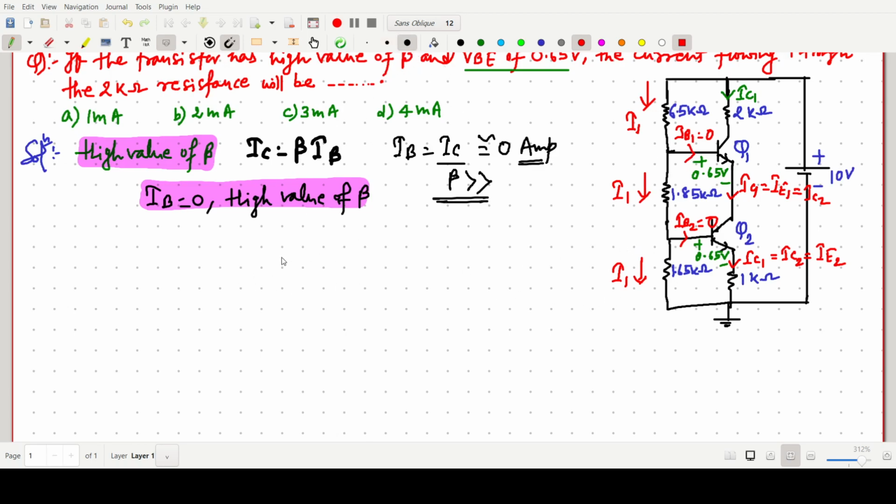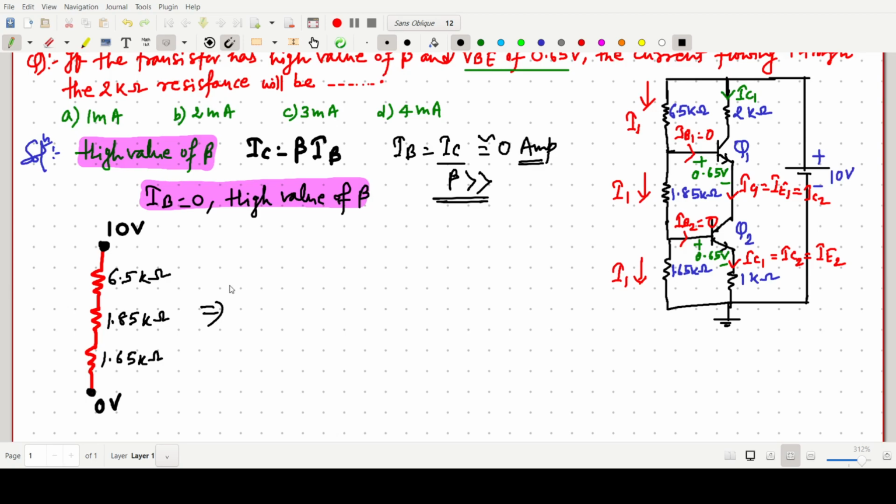I am making the circuit: this voltage is 10 volt, and this voltage is 0 volt. This resistance is 6.5 kilo ohm, this one is 1.85 kilo ohm, and this one is 1.65 kilo ohm.